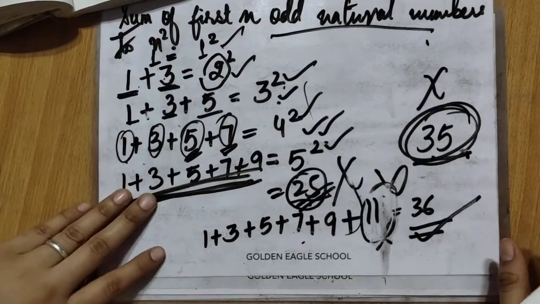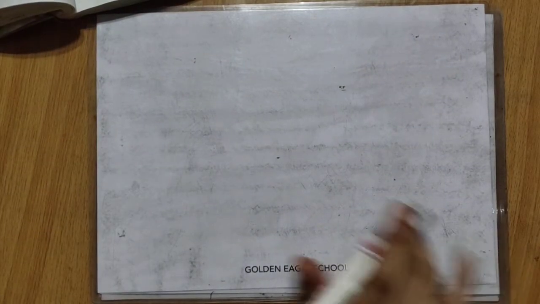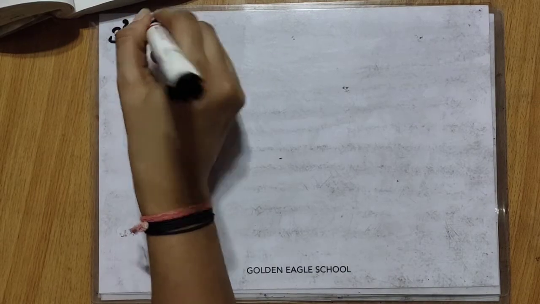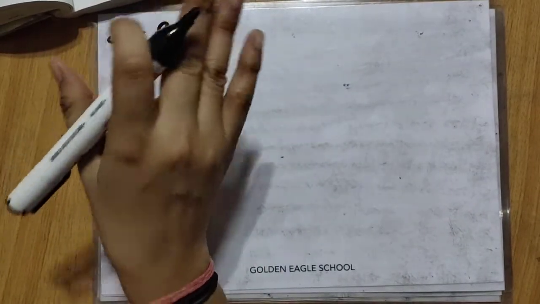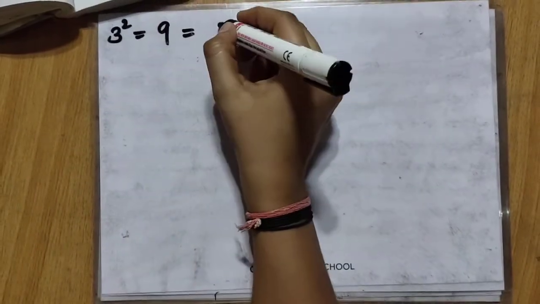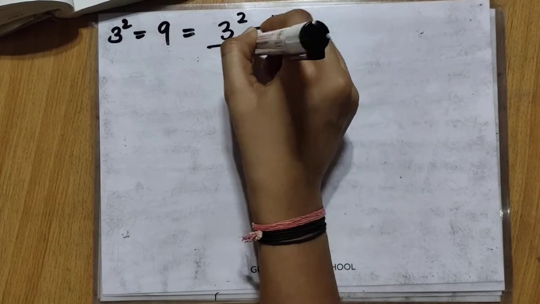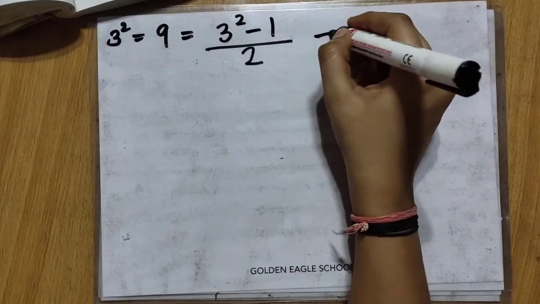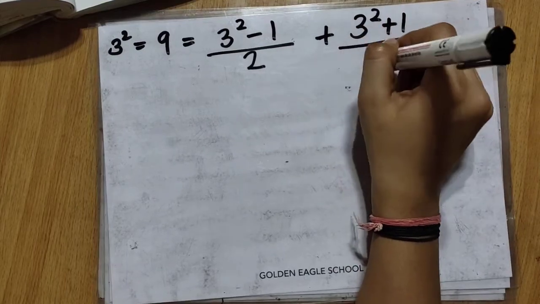Okay. Next is the sum of consecutive natural numbers, like 3 square is equal to 9. It can be represented as (3 square minus 1) divided by 2 plus (3 square plus 1) divided by 2.